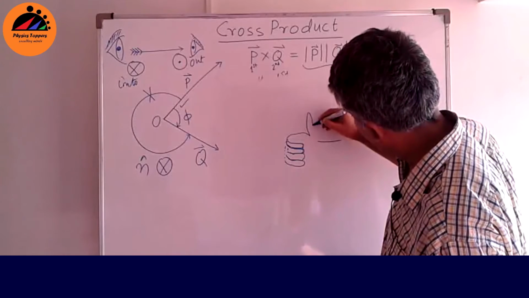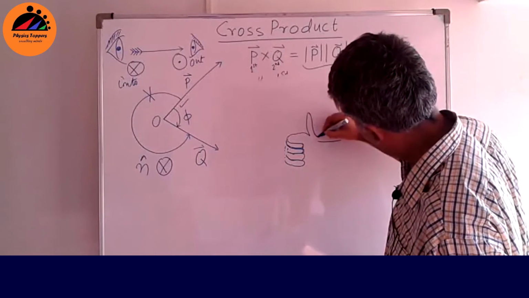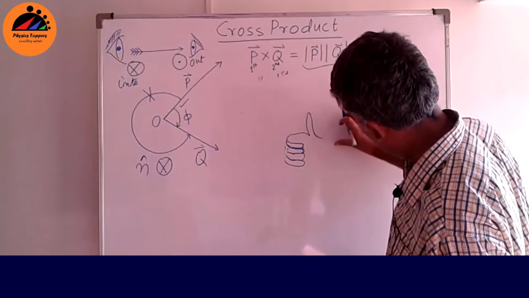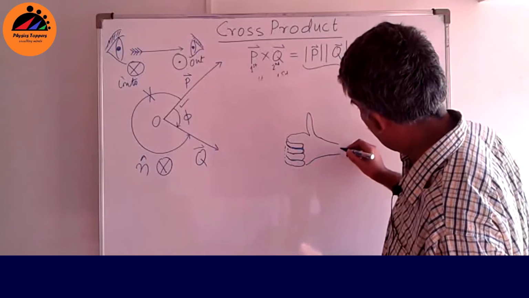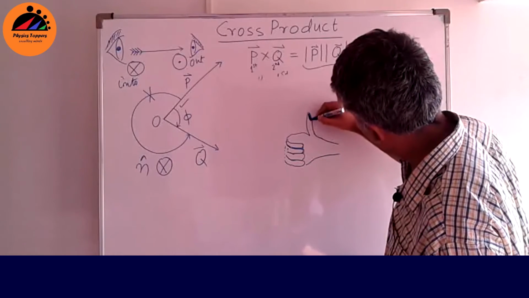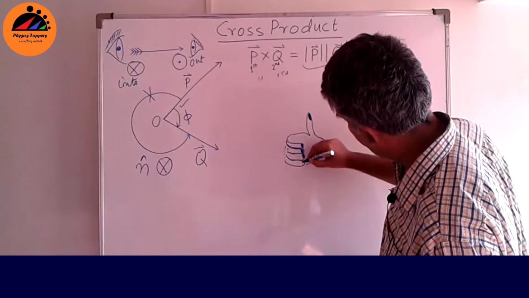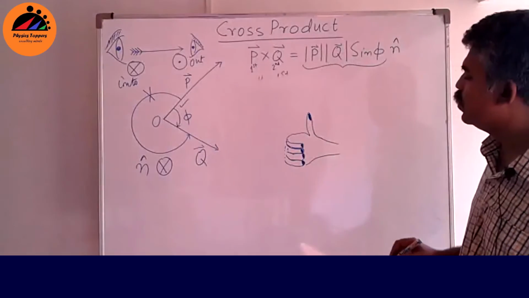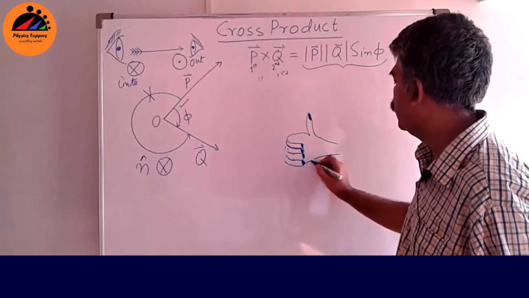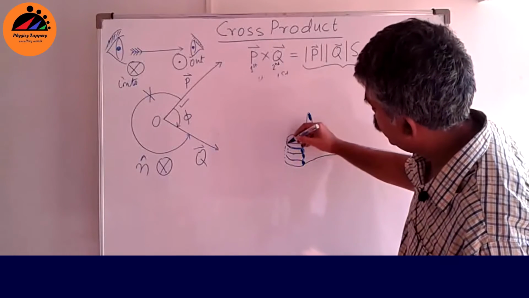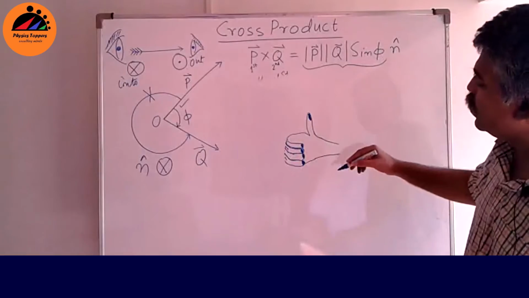And this is the thumb finger. So this is your right hand. It is folded. These four fingers point the direction of rotation.